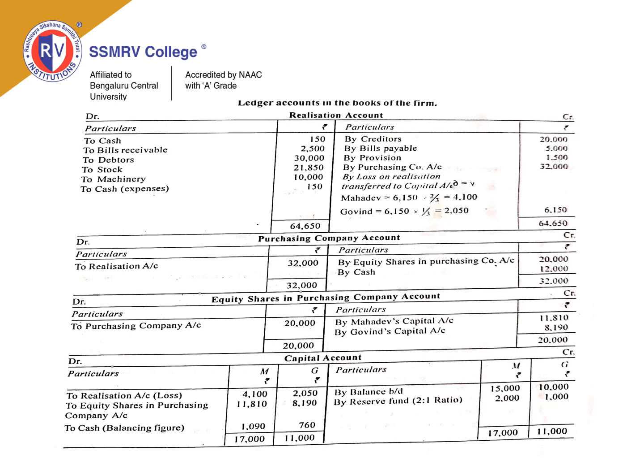And the second entry is for the discharge of purchase consideration. How is the PC received? So the PC is received in the form of equity shares and cash. So the entry will be equity shares in purchasing company account debtor 20,000, cash account debtor 12,000 to purchasing company account. So thereby the total on the debit tallies with the total on the credit.